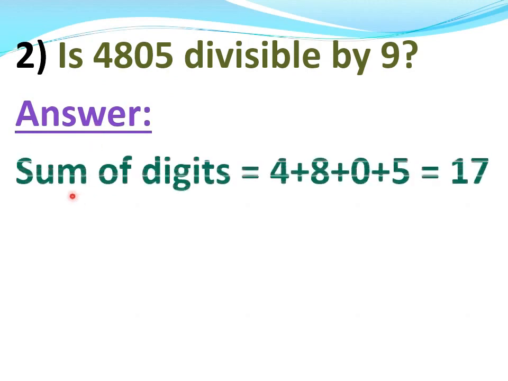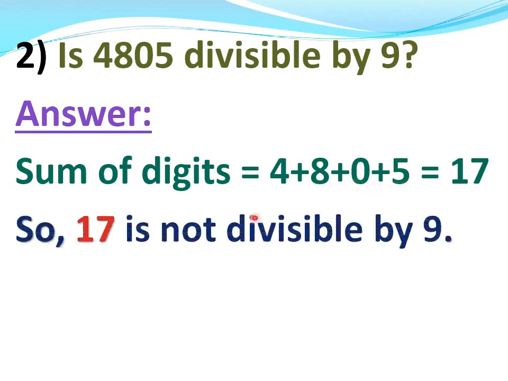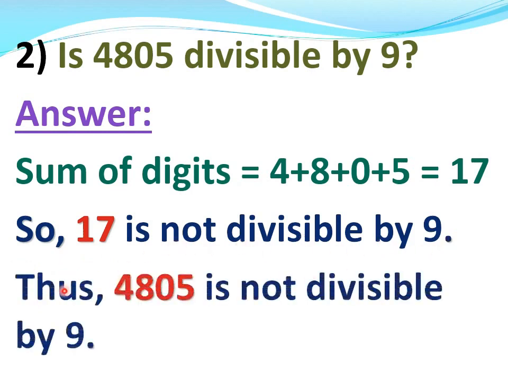Answer: sum of digits equals 4 plus 8 plus 0 plus 5. 4 plus 8 is 12, plus 0 is 12, plus 5 is 17. So 17 is not divisible by 9. Thus 4805 is not divisible by 9.